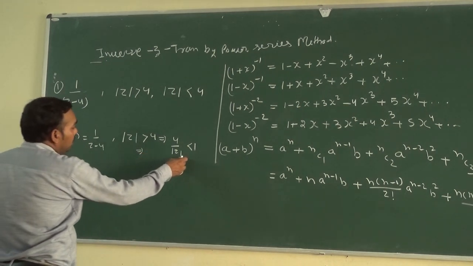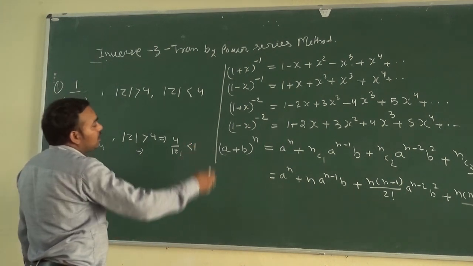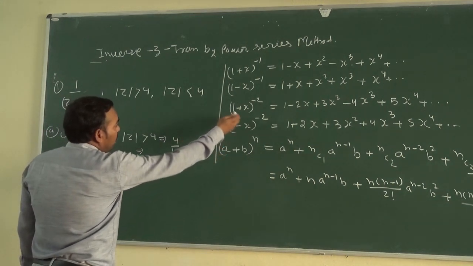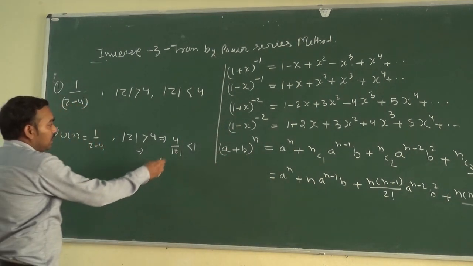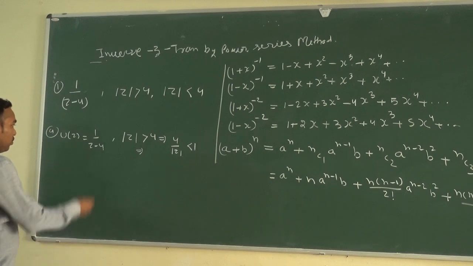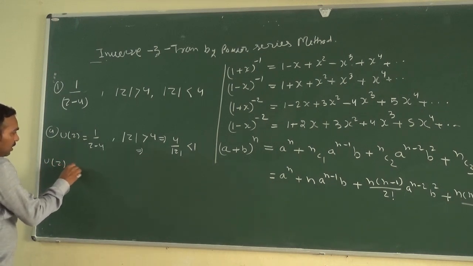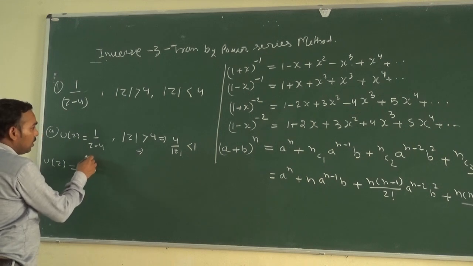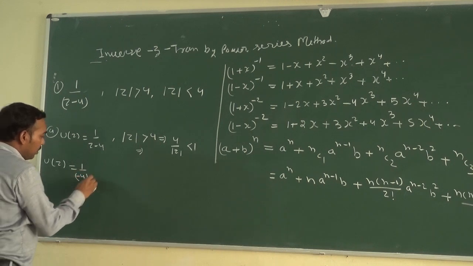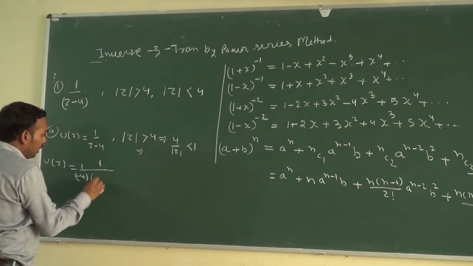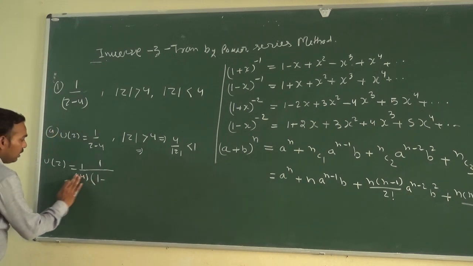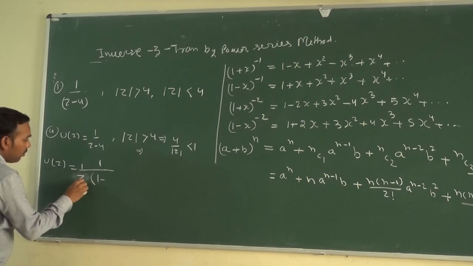Why have we written it this way? Because these series converge if mod x is less than 1. So here we try to write the expression in this way. U of z: take minus 4 as a common factor, so we can write 1 upon 1 minus 4 upon z, taking 1 upon z as common.